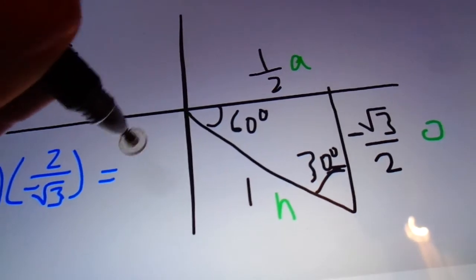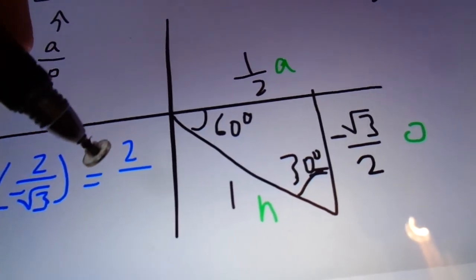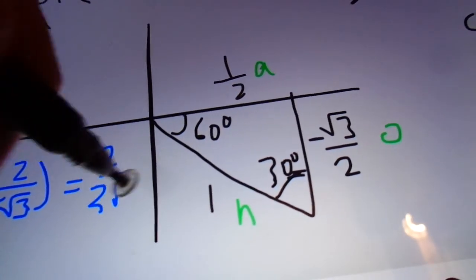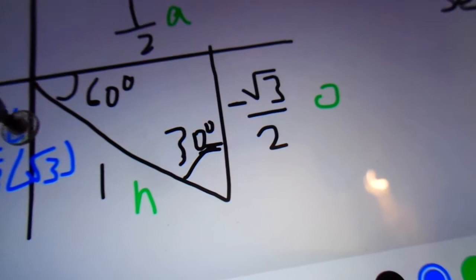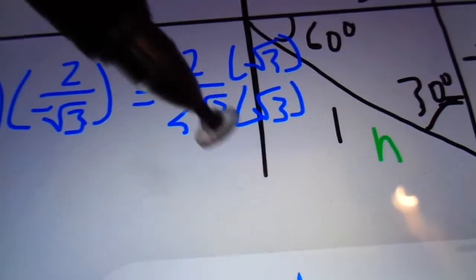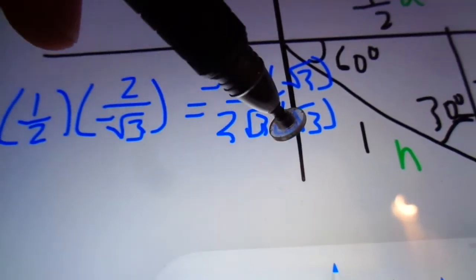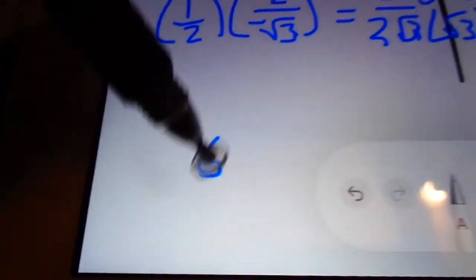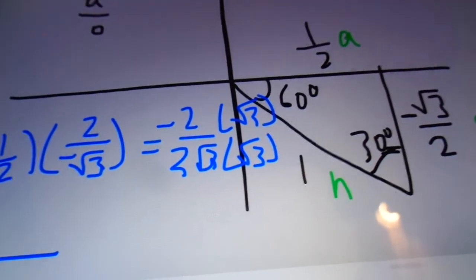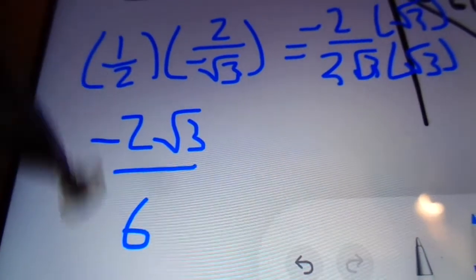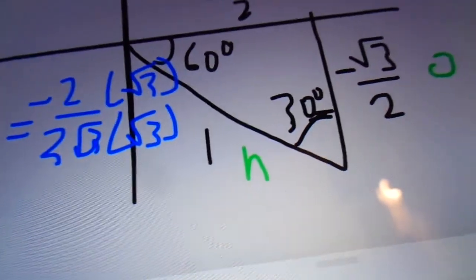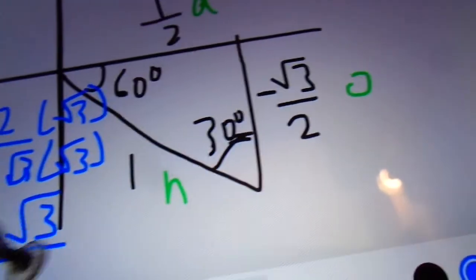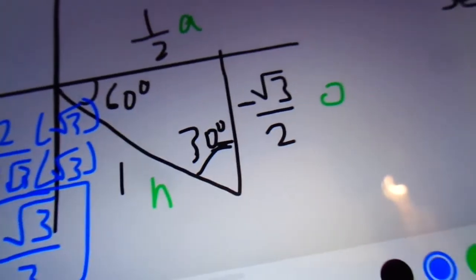That would be 2 over negative 2 root 3. We can't have a root in the denominator, so let's multiply by root 3. This becomes 2 times 3, so that would be 6 in the denominator, and then negative 2 root 3. This simplifies, 2 over 6 becomes 1 over 3. So negative square root of 3 over 3.